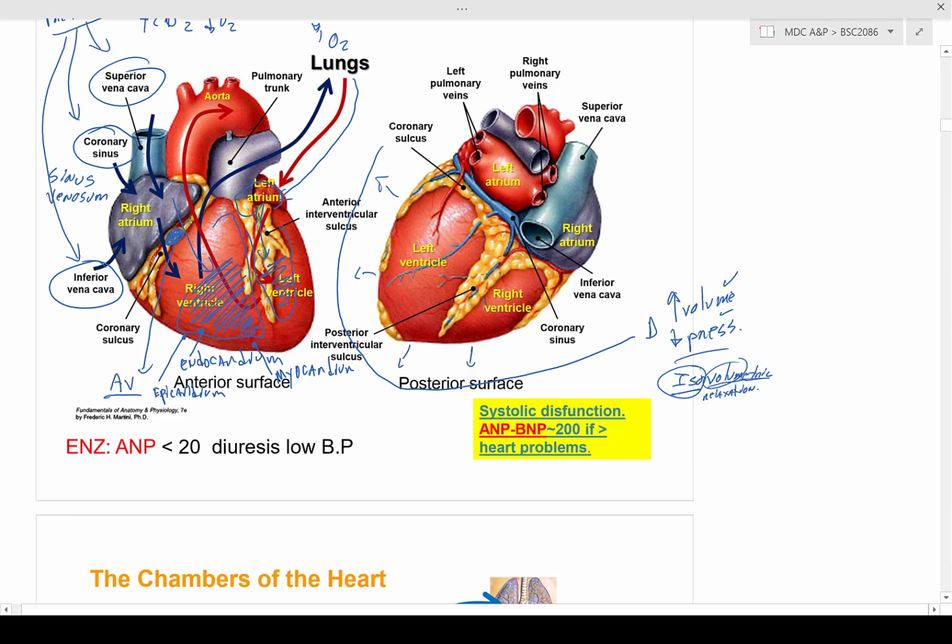Everybody got it? Guys? Wait, isovolumetric is not that 5 comes in and 5 comes out, right? No. The reason why I used the 5 is so you understand it volume-wise. Iso means at the same time, and volume is the amount of blood. It doesn't have to be 5. 5 is just a number that I put up there. It's not even real. 5 liters is too much blood in the heart. But it's just a number.